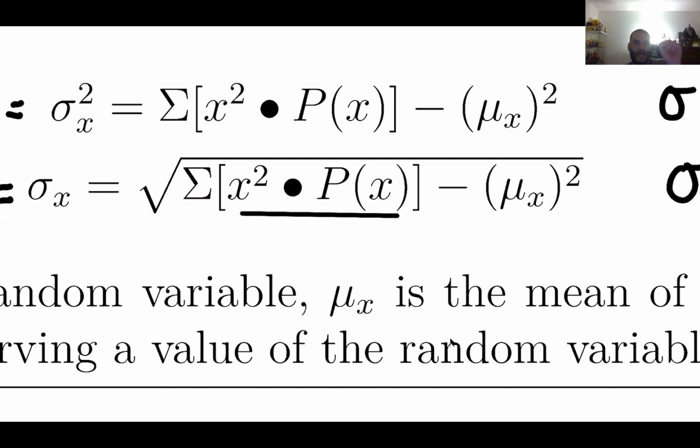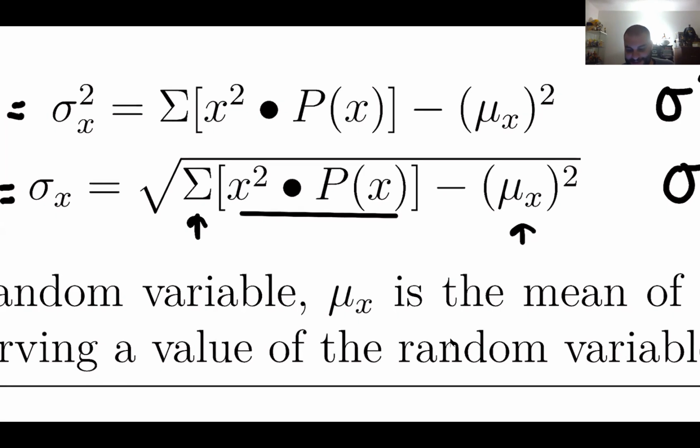Once you get the x squared times the p of x for all of them, the symbol right here tells you to add. So you add all of the x squared times p of x, and then you subtract the mean of x squared. The mean of x is the mean that I found in the last section: you get the x, multiply by p of x, and then add them all. I think that's pretty much it for this formula. Everybody somewhat good for this formula before we do an example?